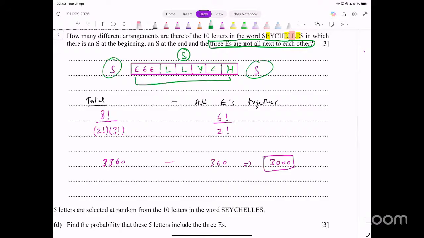So right now we've got 6 boxes, we'd have 7 boxes in that case. But the S's that are fixed on the sides, they will remain there. Since the S's are identical, it does not matter which S is on the left side, which S is on the right side. So we don't care about their arrangements.